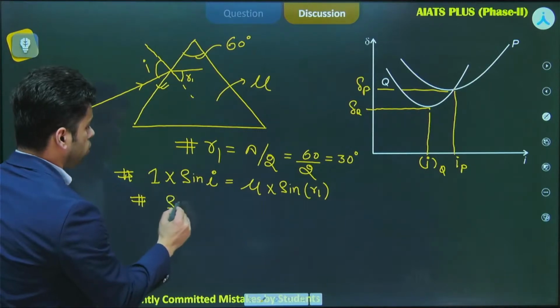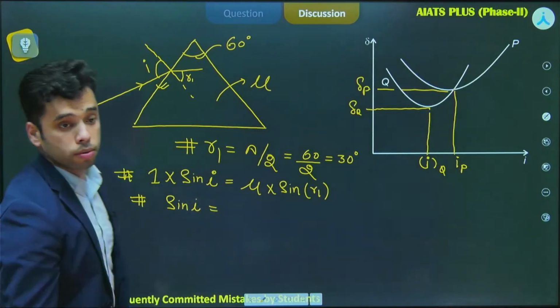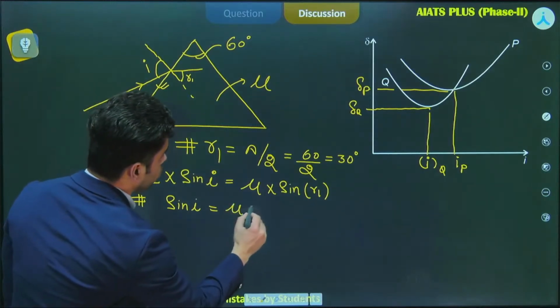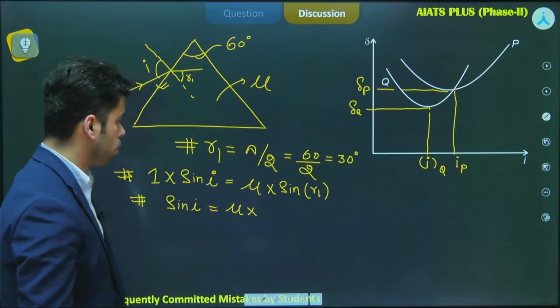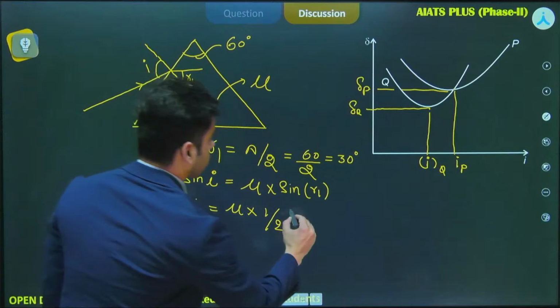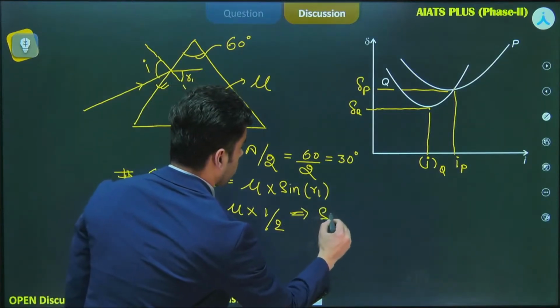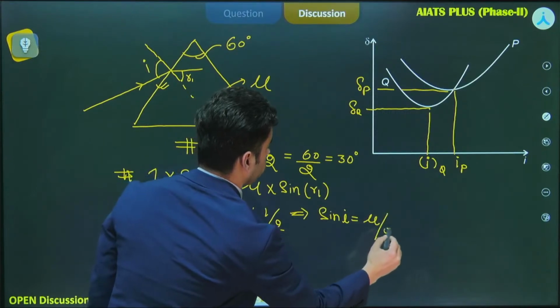Sine of I is equal to mu into sine of R1. R1 is 30 degree, sine 30 is 1 by 2. So mu into 1 by 2. So I can write that sine I is coming out to be equal to mu by 2.